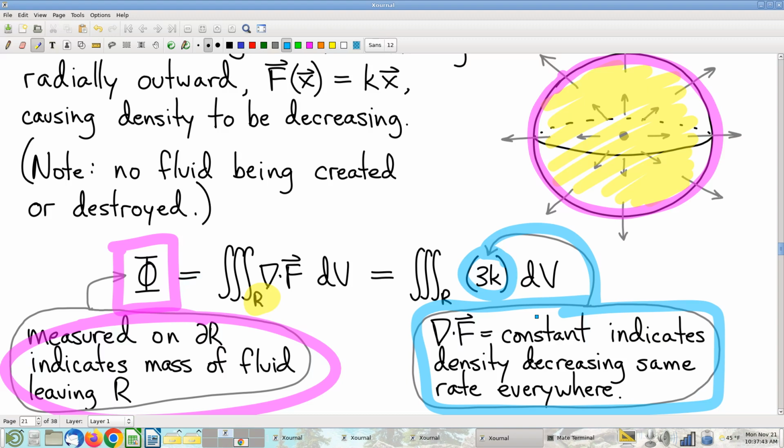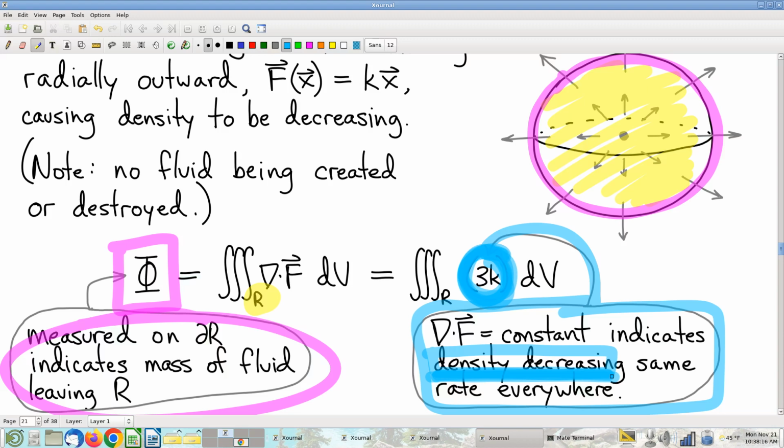And so this is a way of measuring the rate at which density is decreasing throughout your interior. And the fact that this is a constant here is an indication that that density is decreasing at a constant rate everywhere throughout our interior, which again is physically plausible, right? If the temperature is increasing at the same rate, temperature increasing is what causes volume to increase, which is what causes density to decrease.